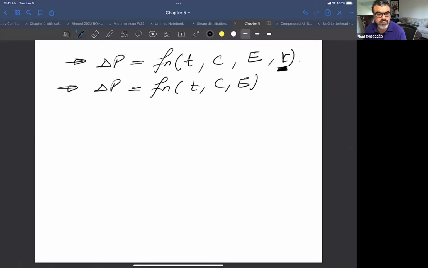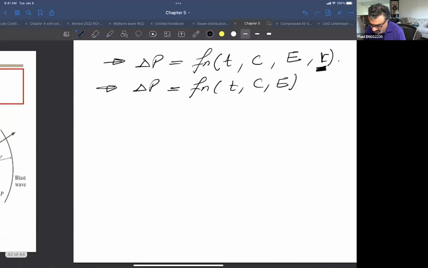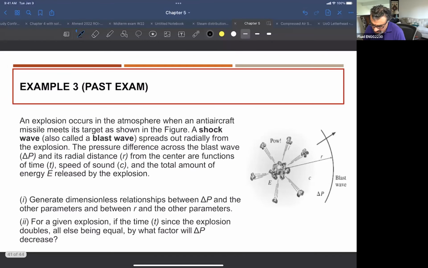That's the only trick in this problem. If you read the problem, the pressure difference across a blast wave and its radius R from the center are functions of time, speed of sound, and total amount of energy released by the explosion.